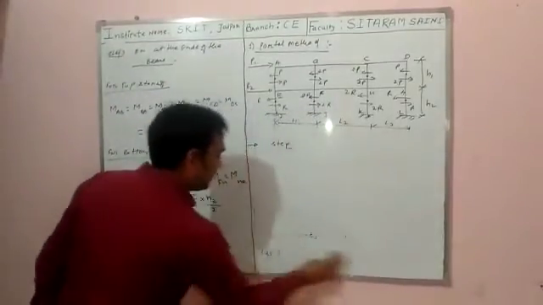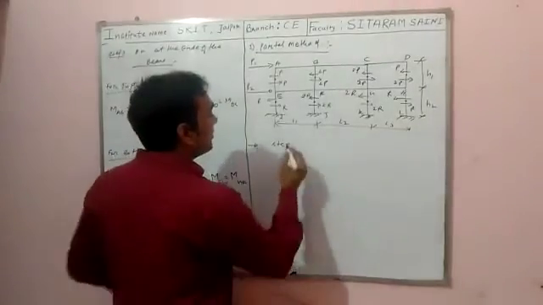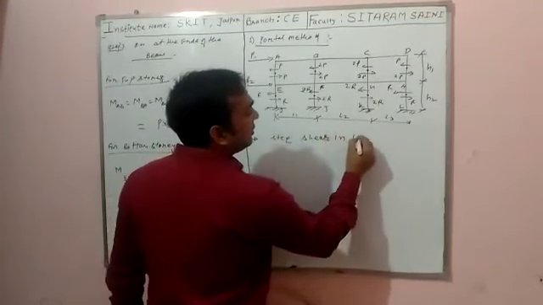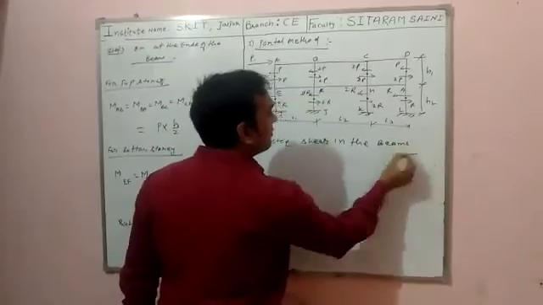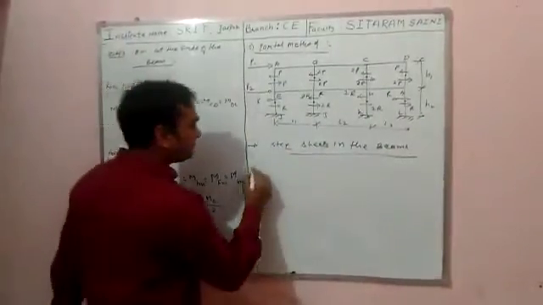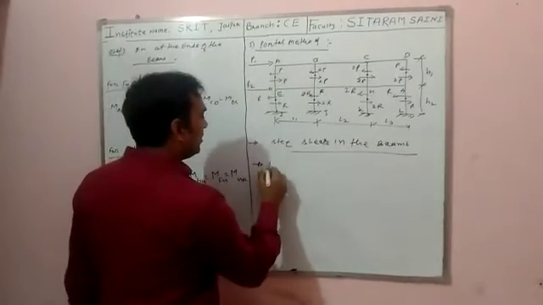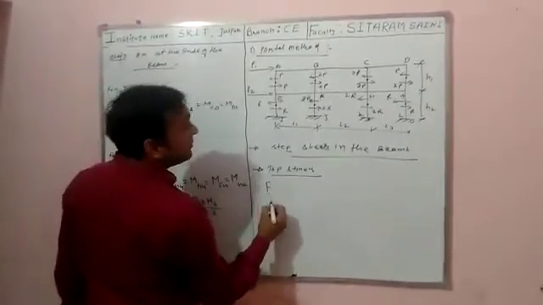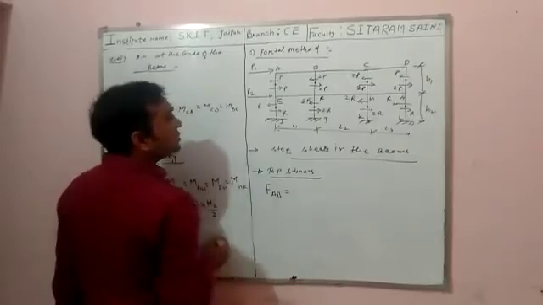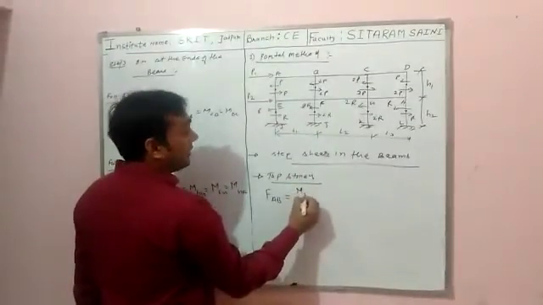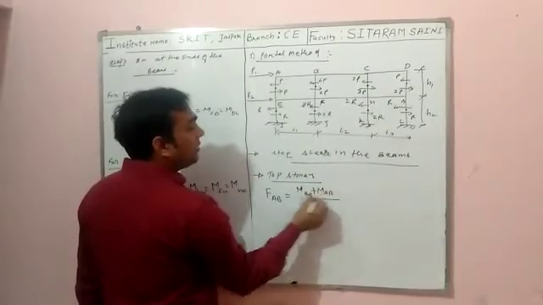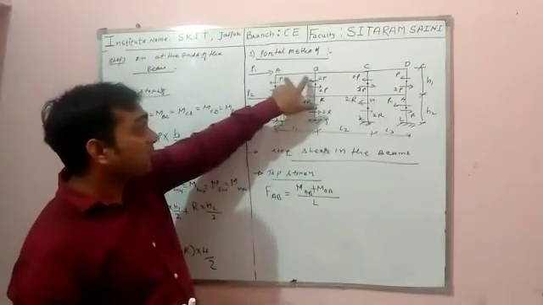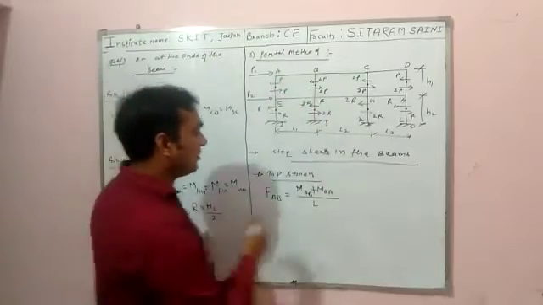First of all, for the top story, FAB equals MAB plus MBA upon L1, means the sum of the moments at the end of the beam divided by the length of the member.